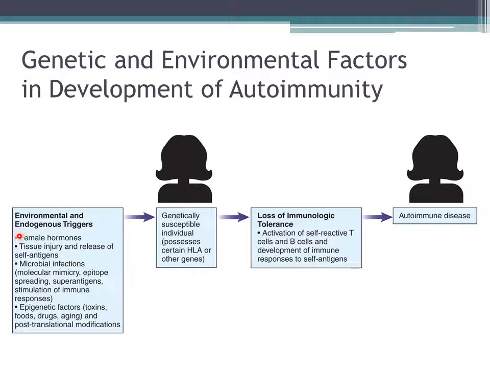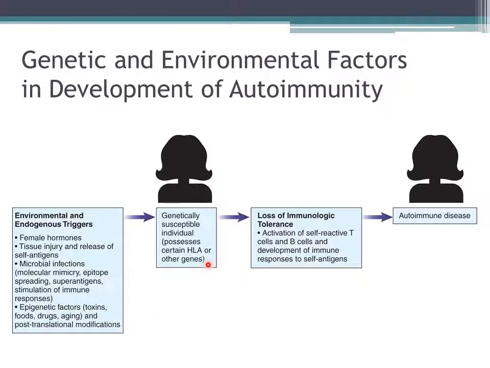We talked about microbes that can induce autoimmune situations due to molecular mimicry, superantigens, etc. These epigenetic factors, these things that can cause changes in the DNA of cells in certain parts of the body that the immune system then recognizes.